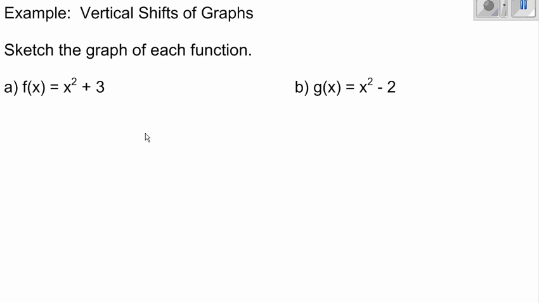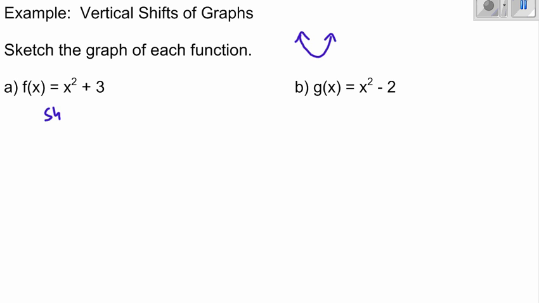So let's look at an example with some vertical shifts. We know x squared is a parabola. x squared looks something like that. So this is going to shift it up 3 units because we're adding 3 on the back.